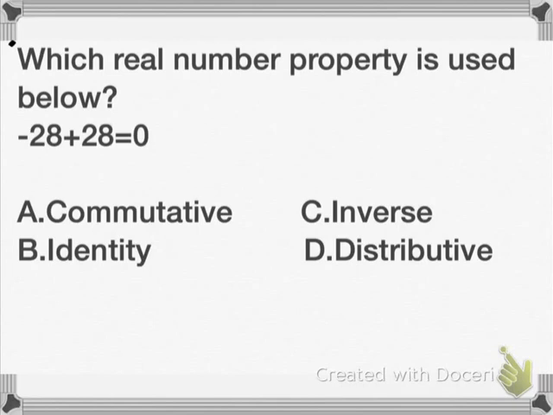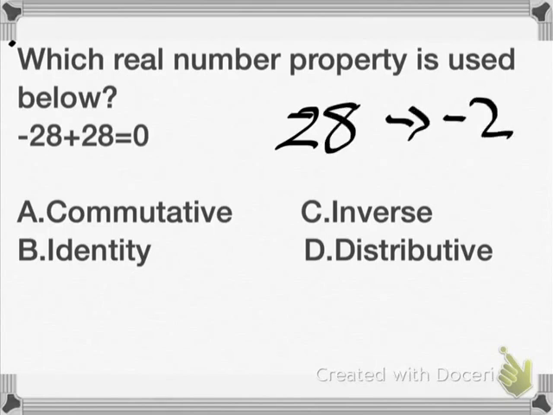Which real number property is used below? Negative 28 plus 28 equals 0. A. Commutative. B. Identity. C. Inverse. D. Distributive. Here, we are adding negative 28 and 28. You should be aware that these numbers are opposites. The opposite of positive 28 is negative 28, and the opposite of negative 28 is positive 28.